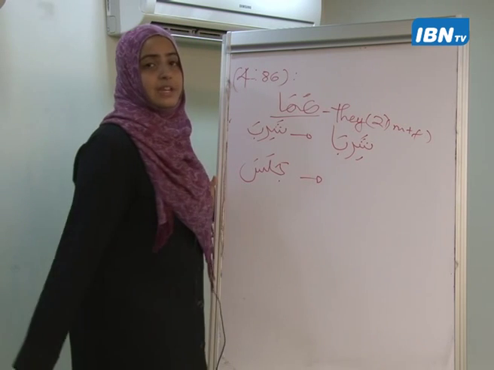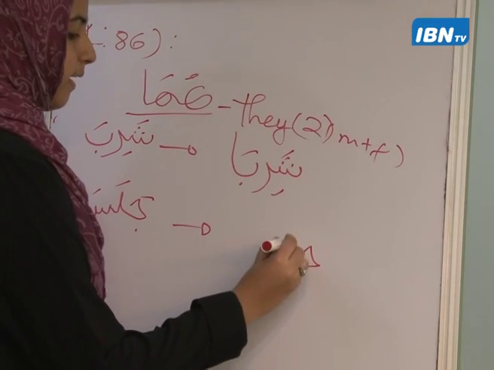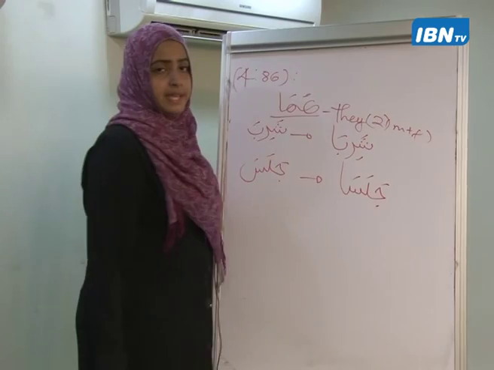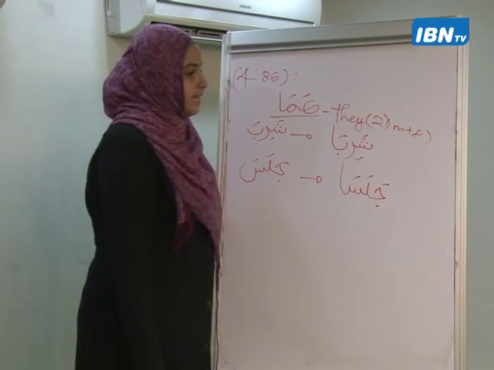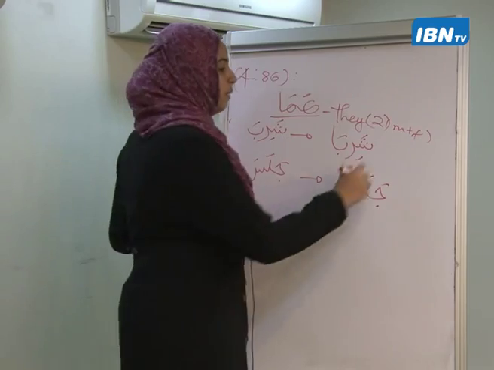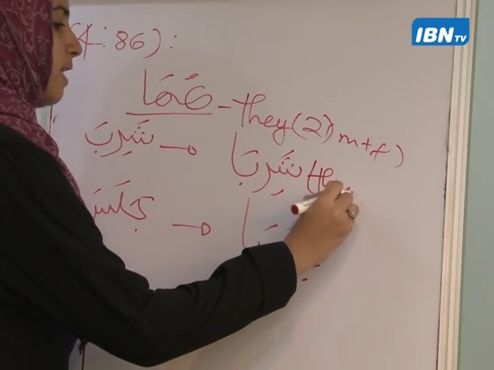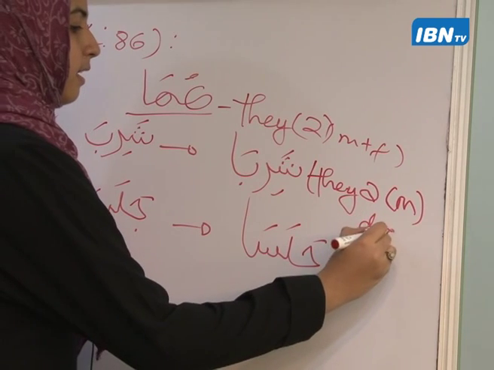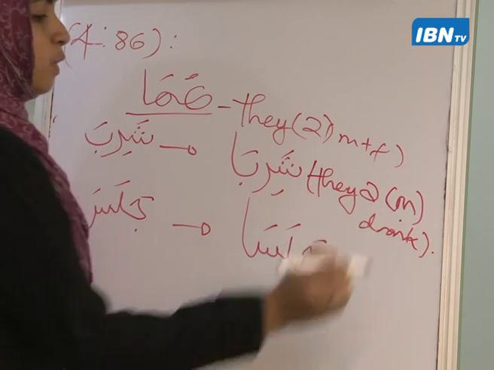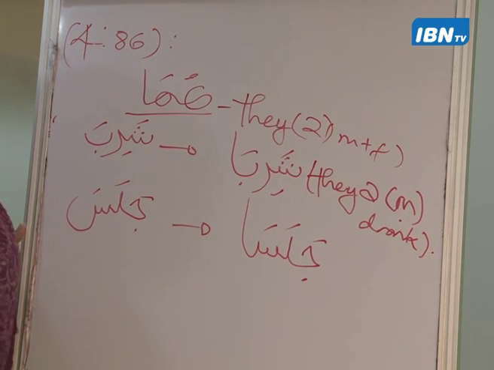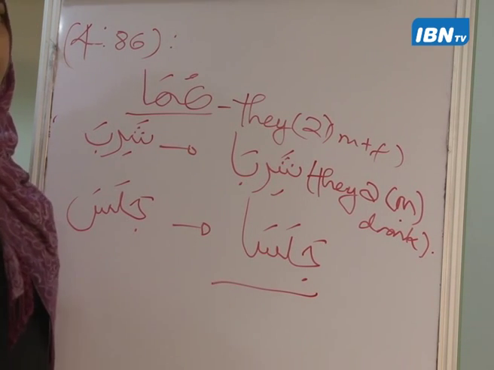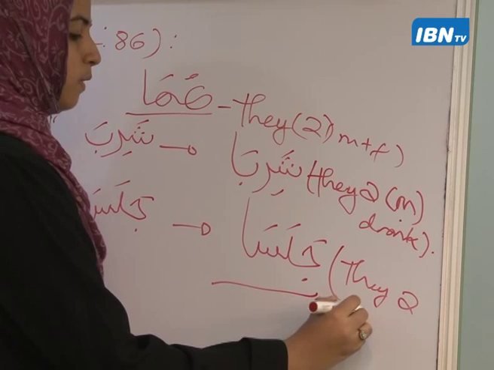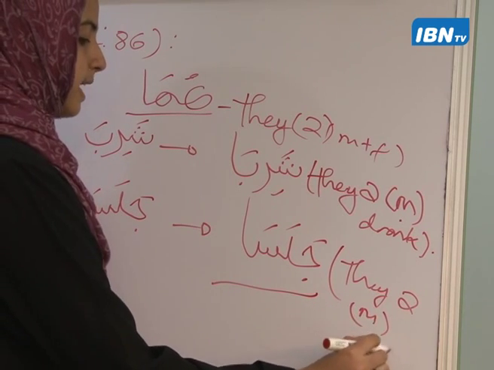Jalasa becomes jalasa with an alif. Okay? It means they two male sat. Notice that it's only referring to male. If I say jalasa with the alif, I mean to say they two male sat.